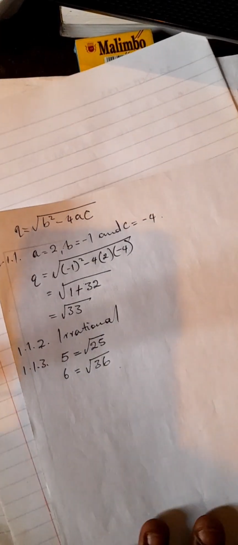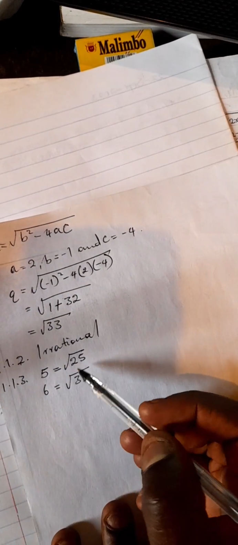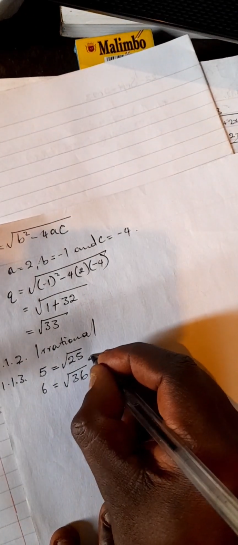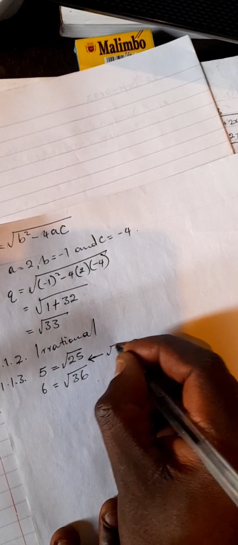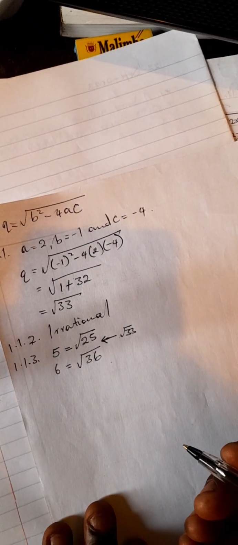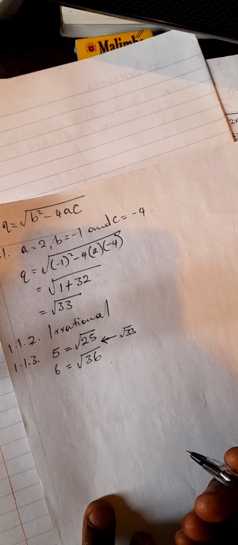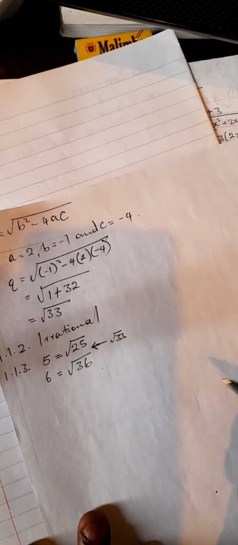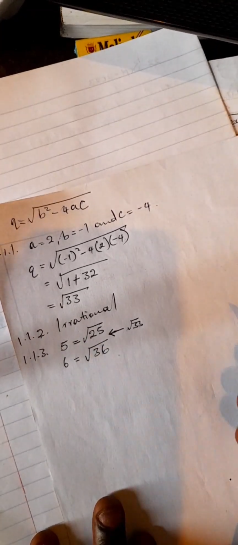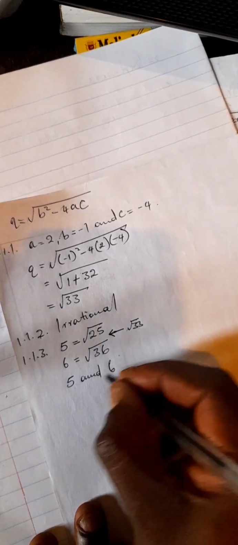Using perfect squares, the square root of 33 is between the square root of 25 and the square root of 36, right? It's somewhere in between. So to answer the question, those two consecutive integers are 5 and 6. This is the answer.